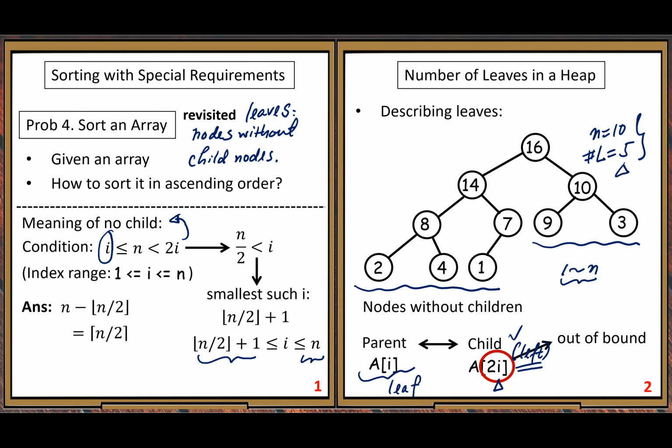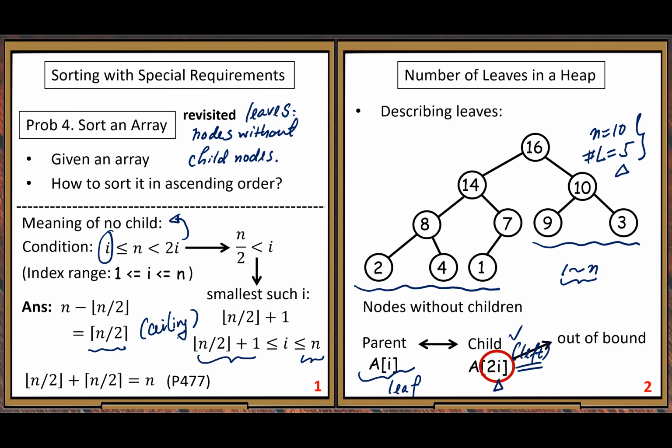The next step: we can simplify this n minus floor of n over 2 from a two-term expression to a one-term expression. It is a little simpler, and for this one-term expression we use the ceiling function, not the floor function. Why is it correct? You may wonder.